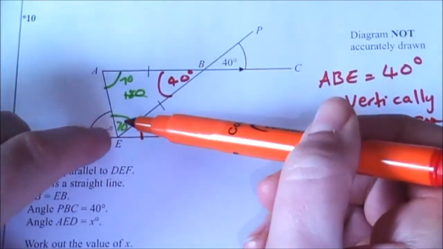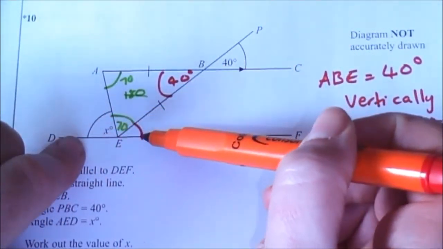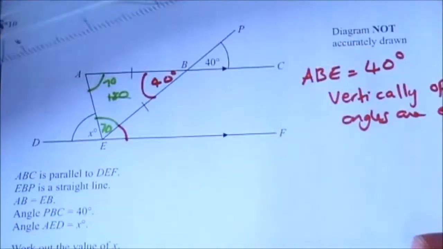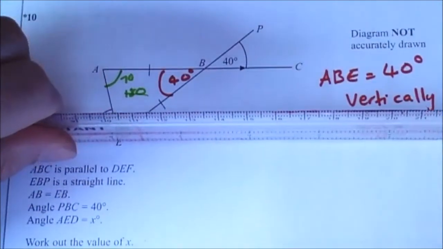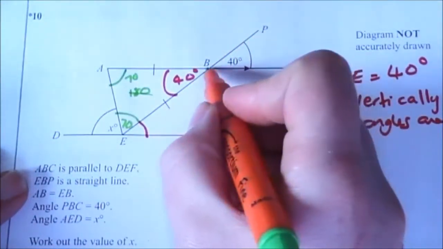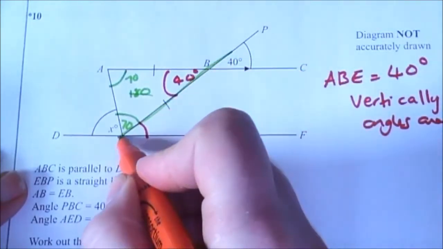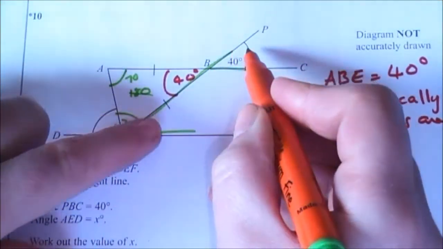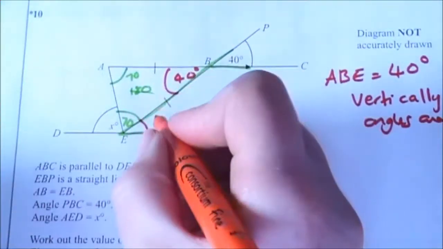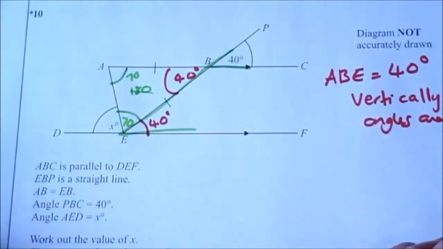So the final stage left then in my working out is to find this angle here, and I need to know it because they all go together to make a straight line. Now, as this is one of my parallel lines and that is another of the parallel lines, I can see that what I'm going to end up with here are 2 equal angles. So that one actually equals 40 degrees as well.